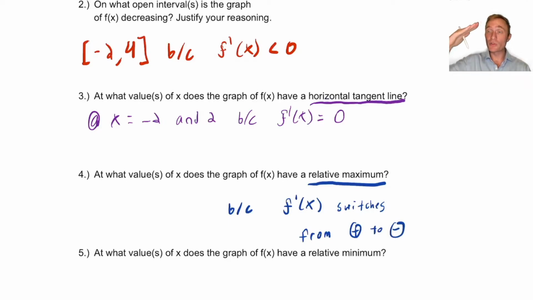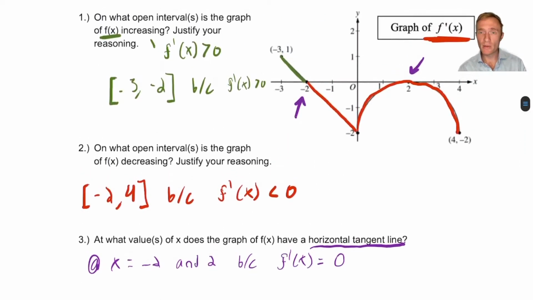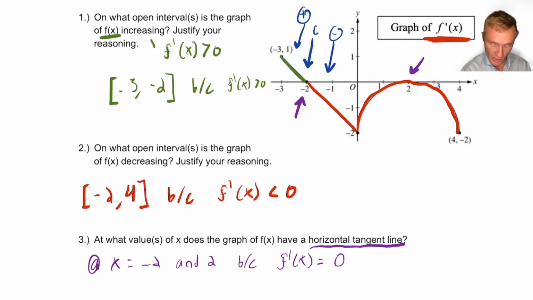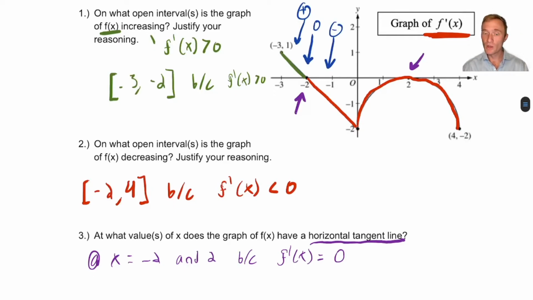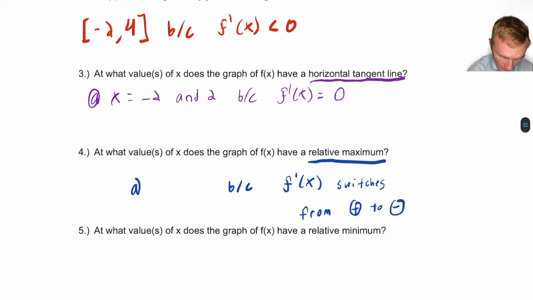If the derivative goes from positive to negative, you found a max. So where does that happen? That happens at -2. At -2, we already said there was a horizontal tangent, and we just learned the derivative went from positive to negative, because to the left, this is where the derivative is positive. From the right, this is where the derivative is negative. In the middle, we're at 0. And so this is going to be at x equals -2.